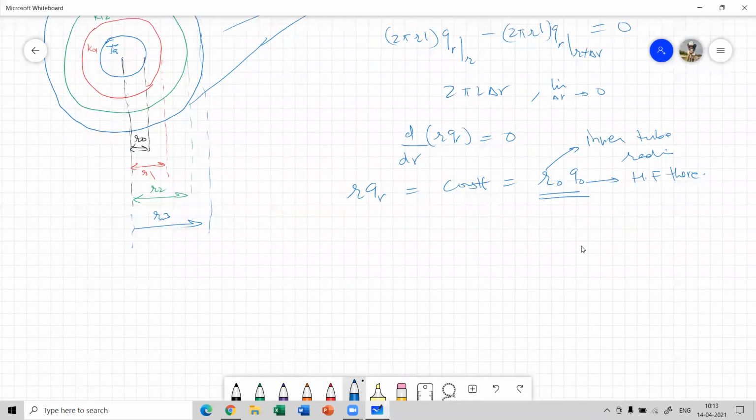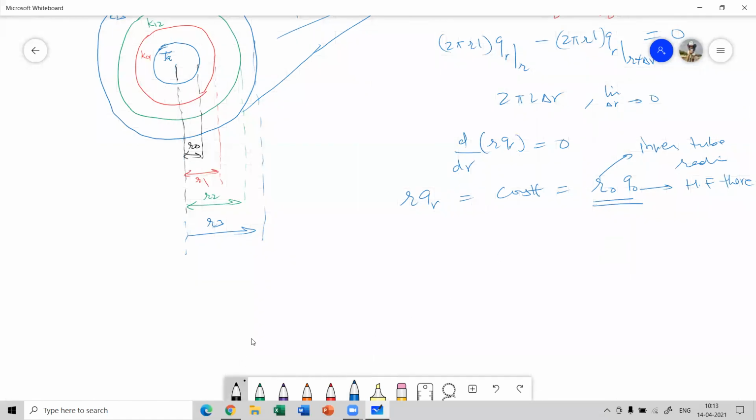So for region 0 to 1, 1 to 2, and 2 to 3, we can write the heat flux conditions. For region 0 to 1, minus k01 r dT01/dr is equal to r0 q0.